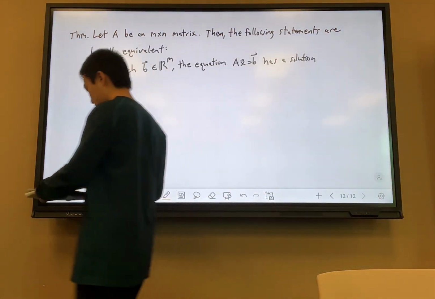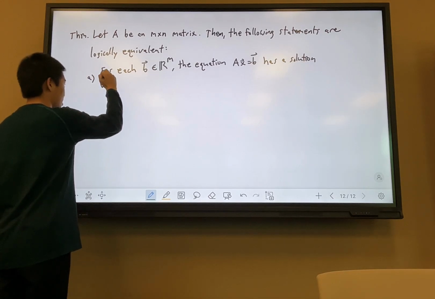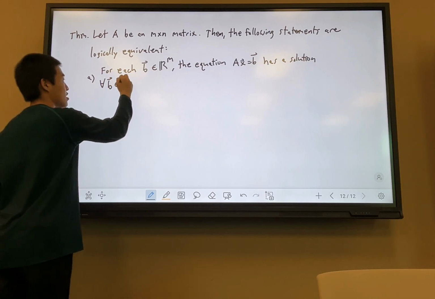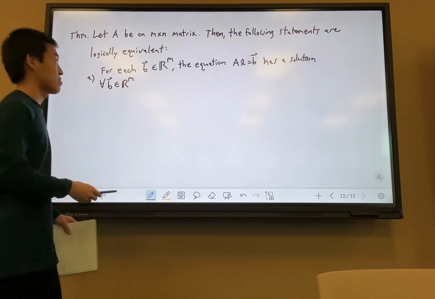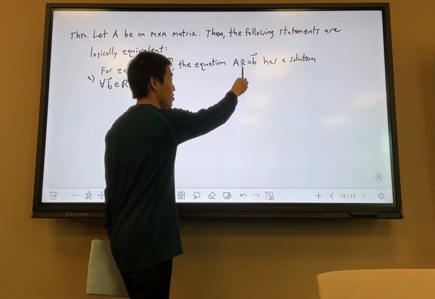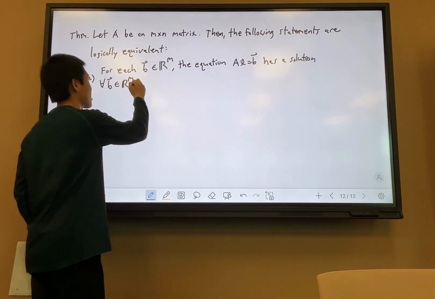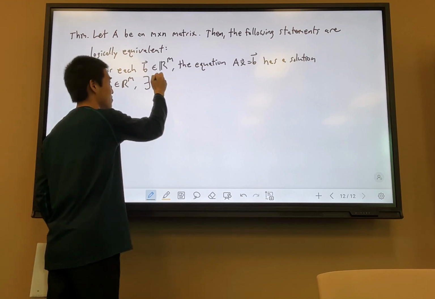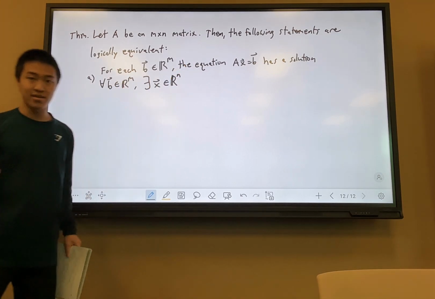How can I say this more efficiently with math? For each, I use the upside down capital A, so for each b in Rm, what am I claiming? Well, in English, as I was describing it, that I can always find a solution x, no matter what. So basically, there exists some x. How many entries do I know x has to have? It has to have n. It's the same as columns.